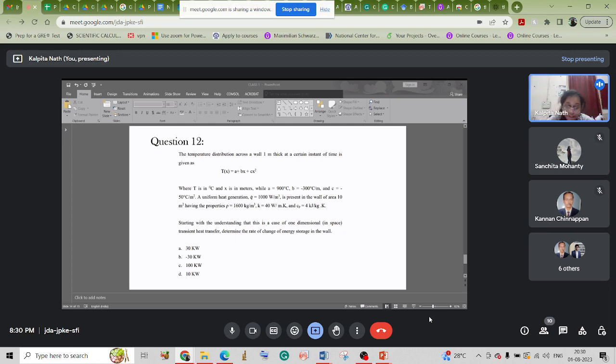But first differentiate the temperature with x. Whether x is required or not, just check it out.